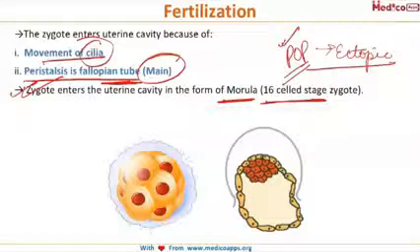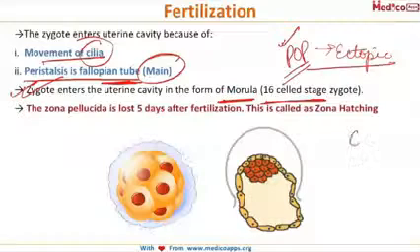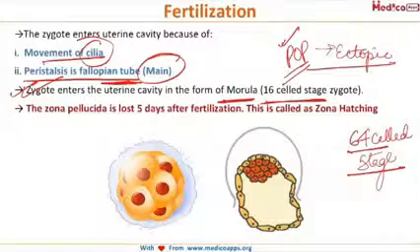Now, on the 4th and 5th day, the cell division continues and it reaches a 64 cell stage. Here, the morula is covered by a film of mucus. Fluid passes through the thin canaliculi of the zona pellucida, which separates the cells of the morula, and it is then called blastocyst. Cyst because it is a fluid filled cavity, so it leads to the formation of blastocyst.